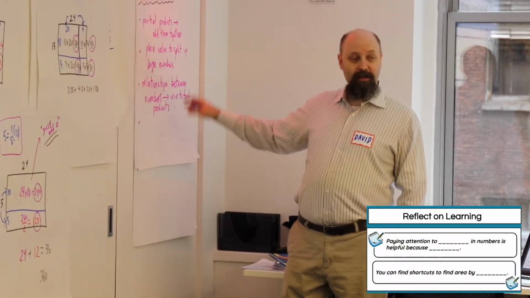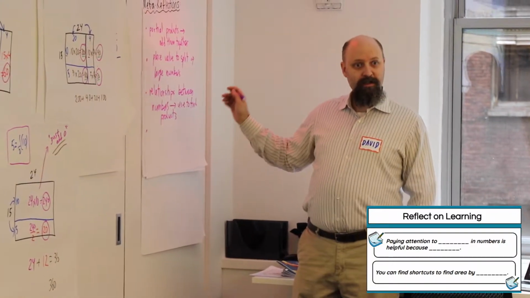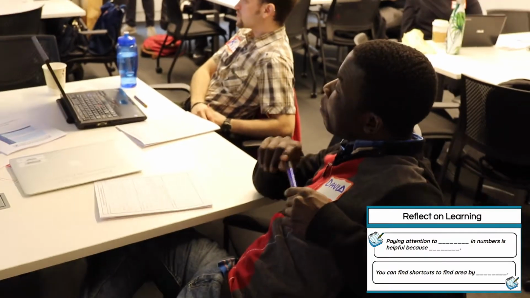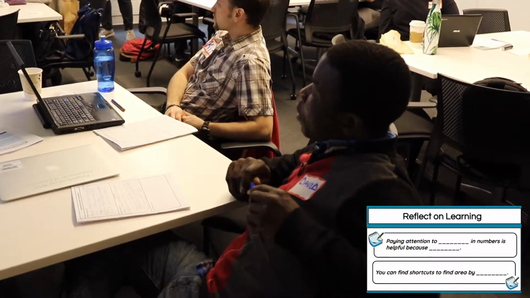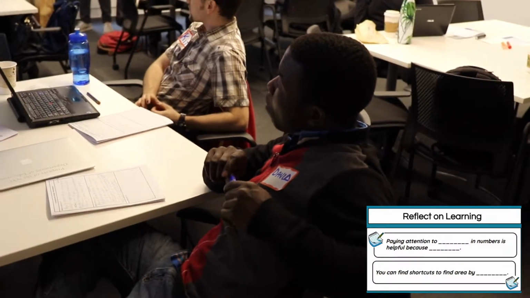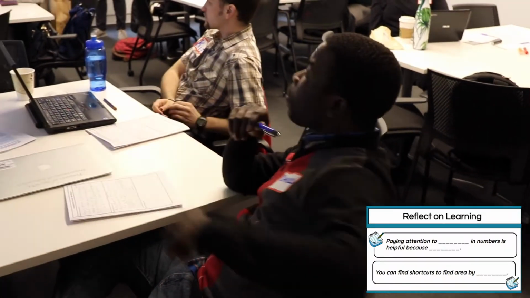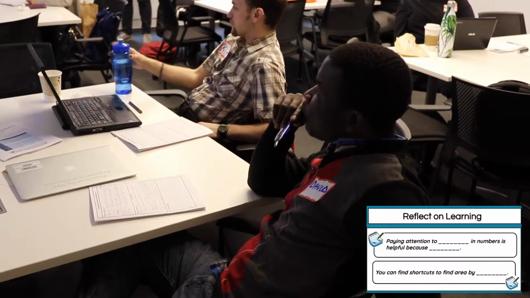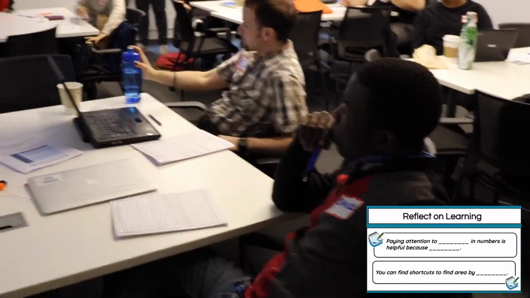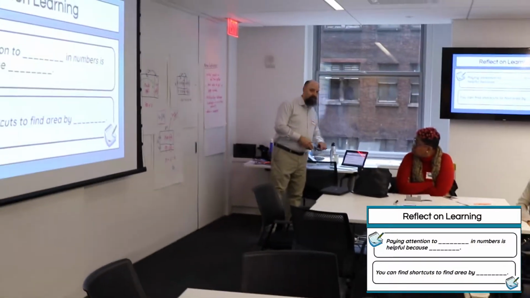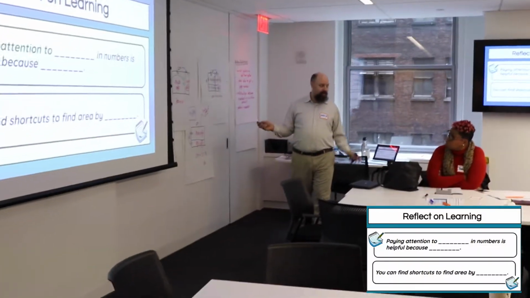Does anybody have anything that is different than these? I was using this cue, I don't know whether that makes sense. Paying attention to patterns in numbers is helpful because it makes it easier to find the area of a given shape. So you were trying to generalize beyond relationships, breaking the numbers apart. You were describing those as patterns. Cool. Great. So therein ends the second example.